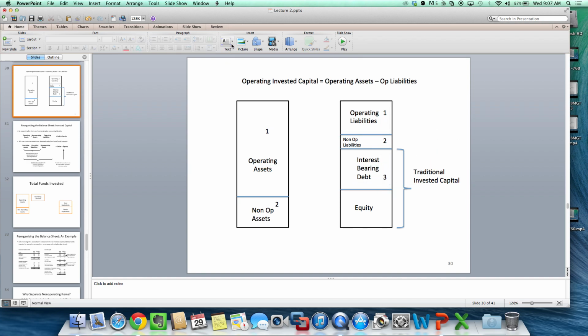And these will be my fours. So again, invested capital in the rest of the world is 3 plus 4. What's different?